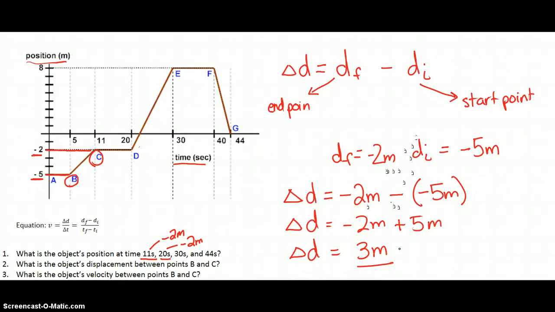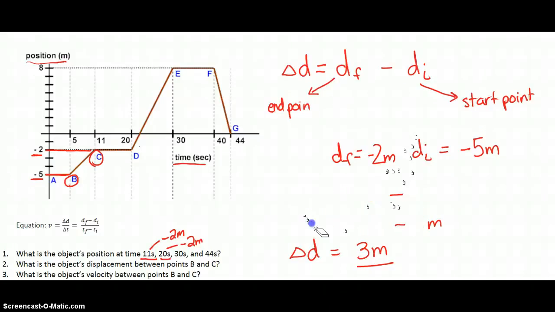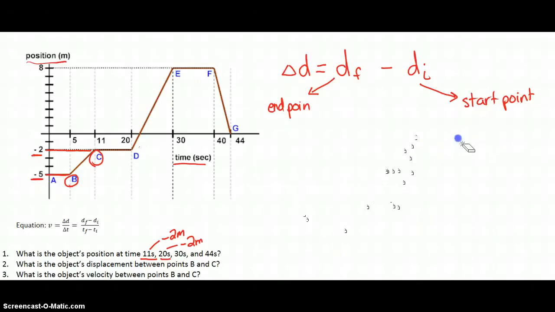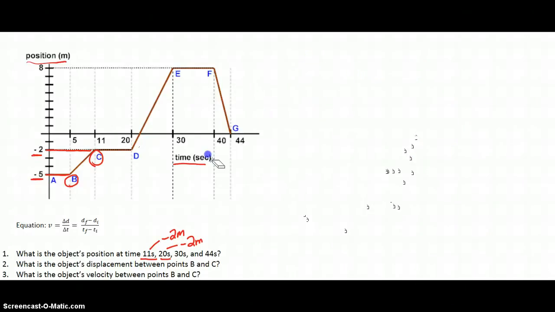Number 3 gets a little bit more complicated. So again, I'm going to erase all this to get it out of the way. All right, so for number 3, we're asked to find the velocity between points B and C. Our equation here, velocity, I'm going to rewrite it here.